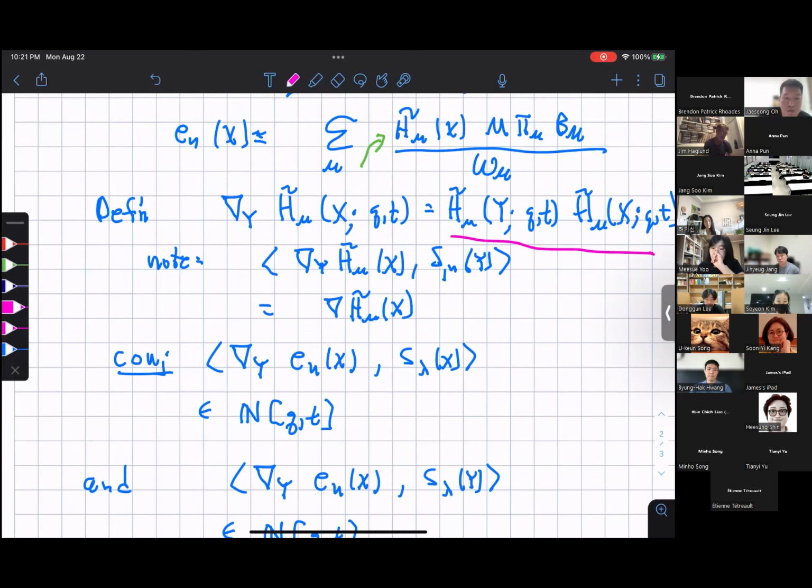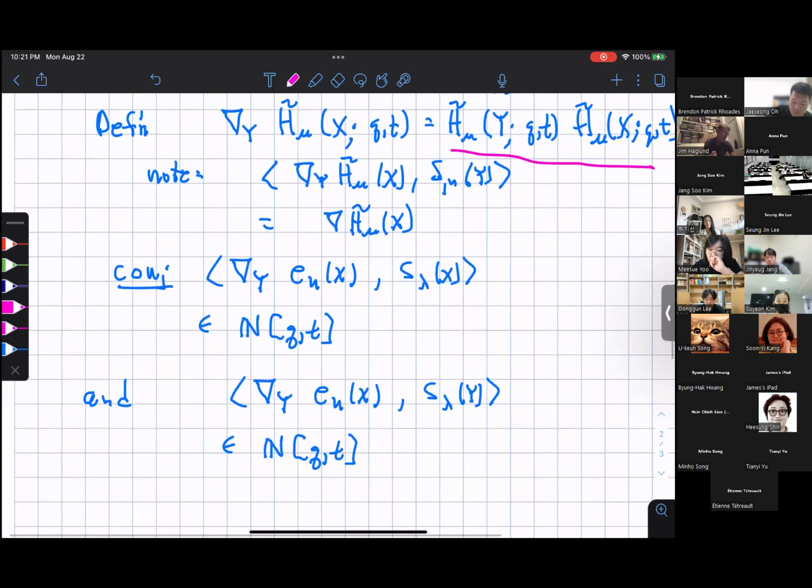But what this says is that conjecturally you're actually getting polynomials which are positive. So in your conjecture, if I pair Nabla y En of x with Schur functions, I get something Schur positive in y.